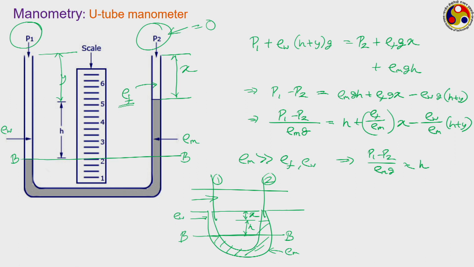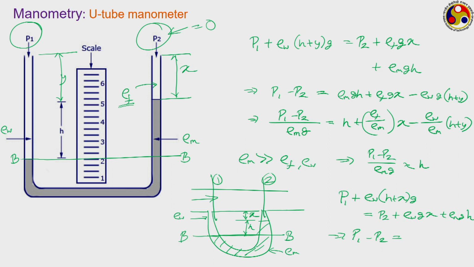Then on the left hand side you will have, in a very similar way, P1 plus rho w into h plus x into g, and on the right hand side you will have P2 plus rho w g into x plus rho m g into h. From there you can get P1 minus P2, which is the difference in pressure between location 1 and 2. This kind of manometer is called a differential U-tube manometer or just a differential pressure manometer.